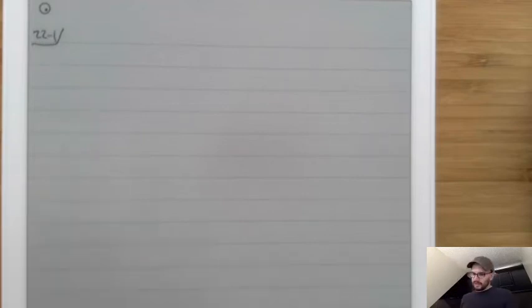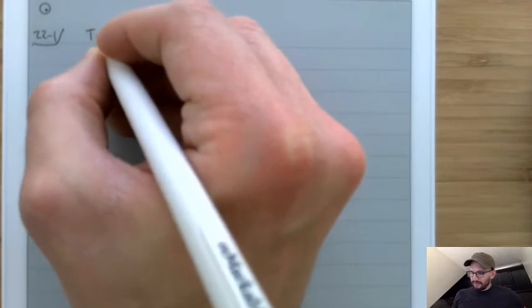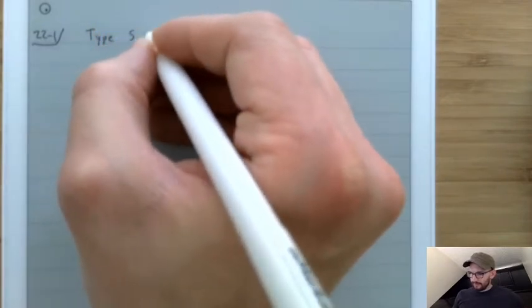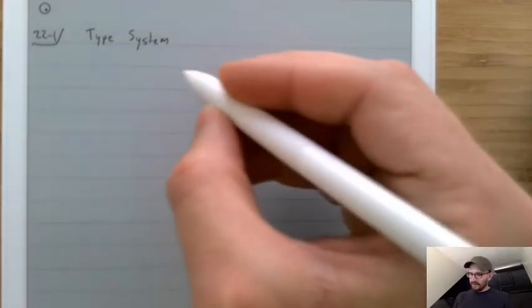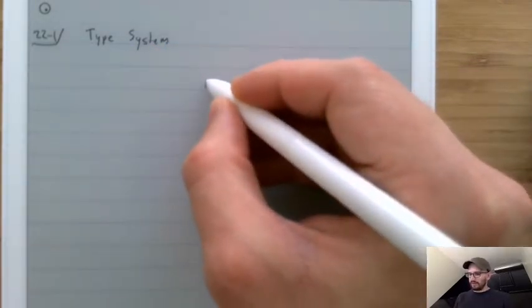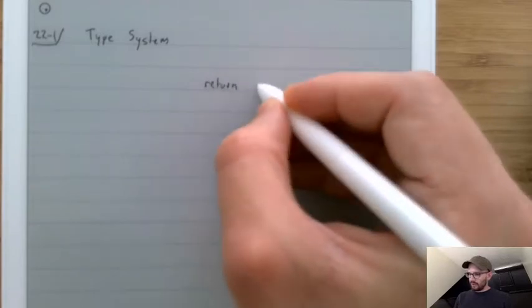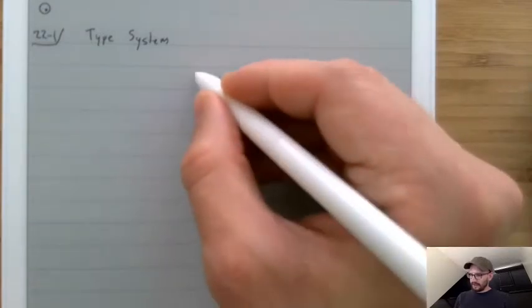For our next topic, we're going to talk about the idea of a type system. As we've discussed before, programs can have many different kinds of errors. For example, I write the program, I write return 1 plus, and then a semicolon.